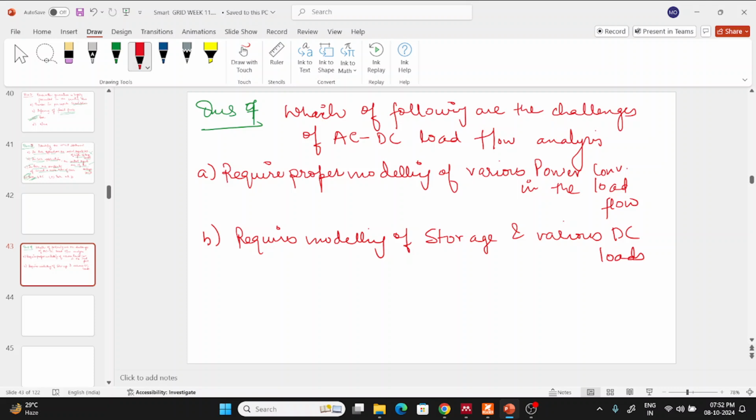C: Modeling of various types of distributed energy sources like PV system, geothermal, wind. D: All of the above.